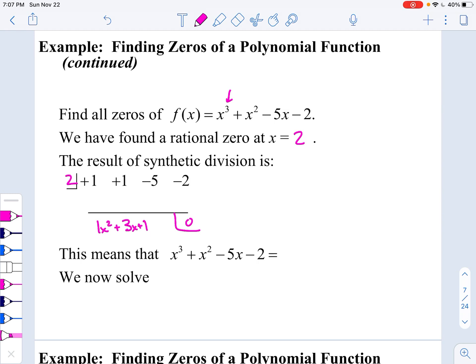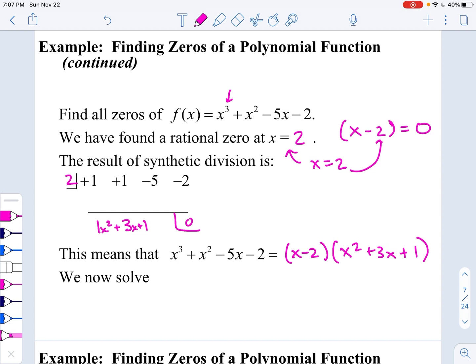So when we started breaking this down, we found that 2 was a solution. So if x equals 2 is a solution, that means x minus 2 is equal to 0. So we have an x minus 2, and we are left with an x squared plus a 3x plus 1. All I did is work backwards to get to what that was.